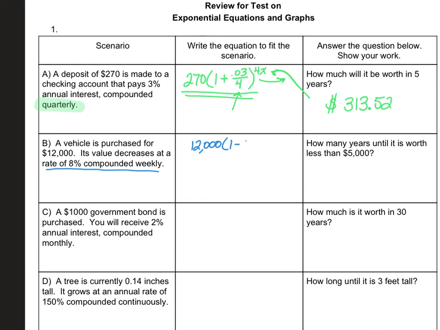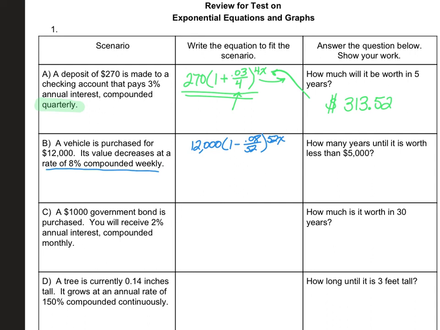Well, we have 52 weeks in the year, so our denominator and then our exponent is going to be 52. So we would divide by 52, and then we would put a 52 into our exponent, and then we would add our variable x or t, depending on which one you choose to use. So our equation for this scenario would be this.